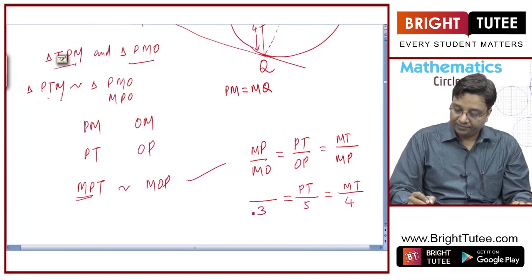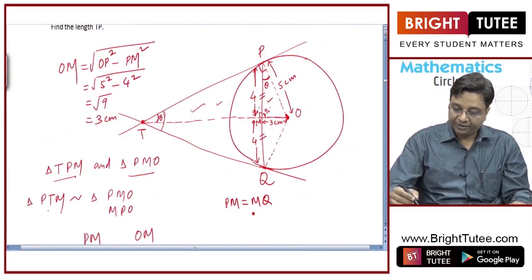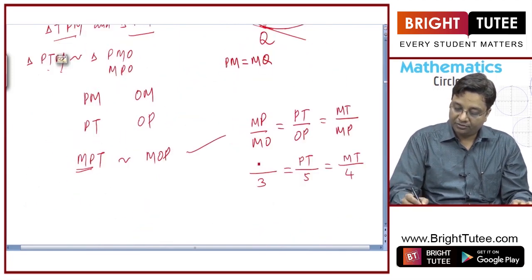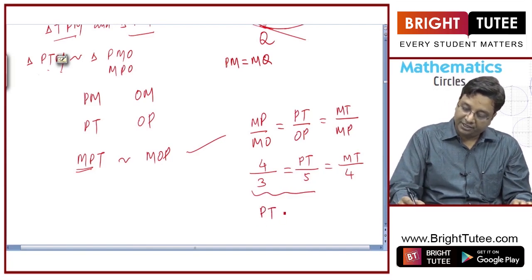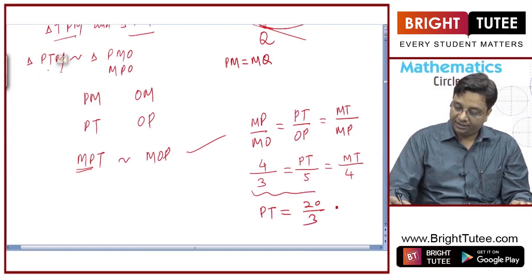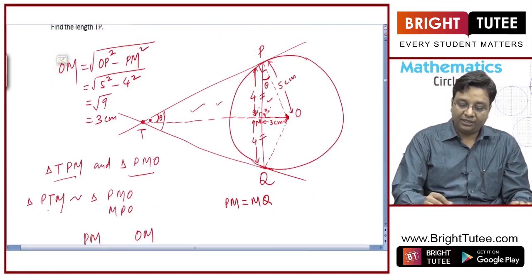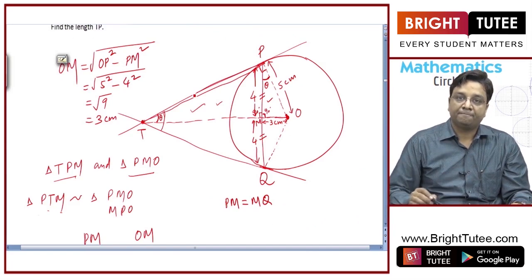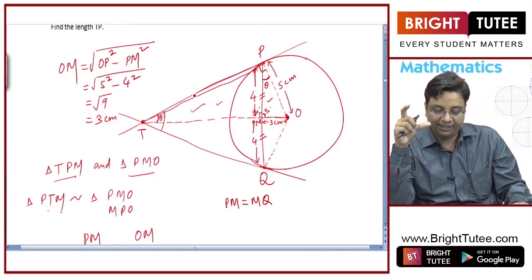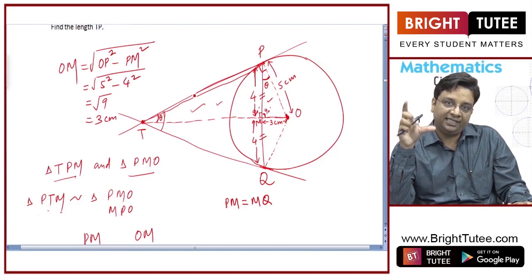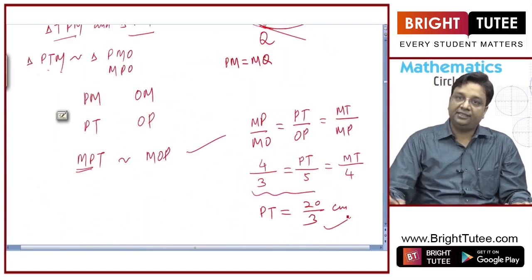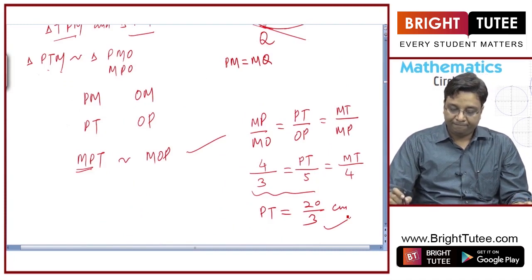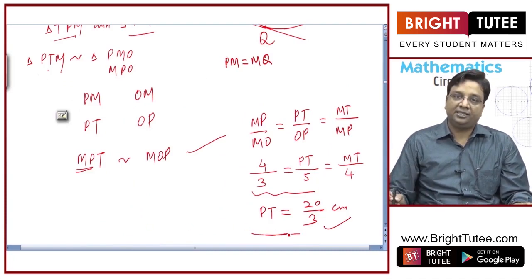So now we can talk about these sides. Side PT is equal to 20 by 3 centimeters, and this is what we needed to find out. So based on this similarity we can say that side PT, the tangent PT, is of length 20 by 3 centimeters. Okay, so this is the result.